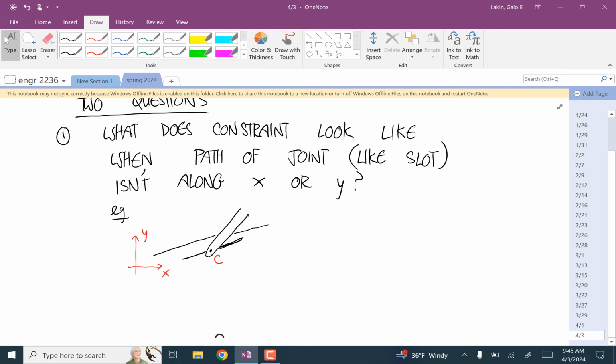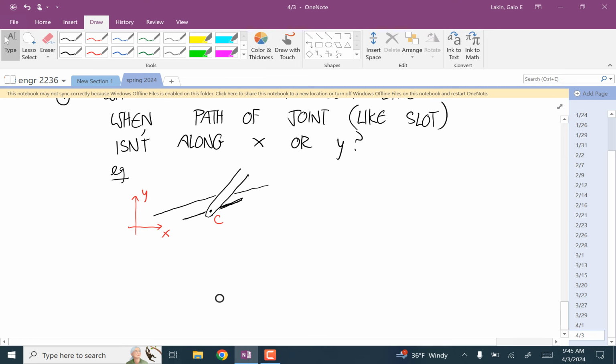Okay? So how do you think that generalizes to a slot that's at an angle like that? Could you use a unit vector or rotated coordinate system? Yes, I think the unit vector is the easiest way to do it, yeah.